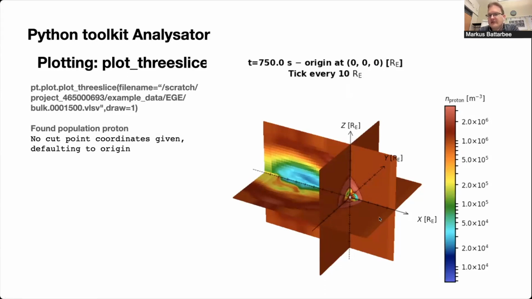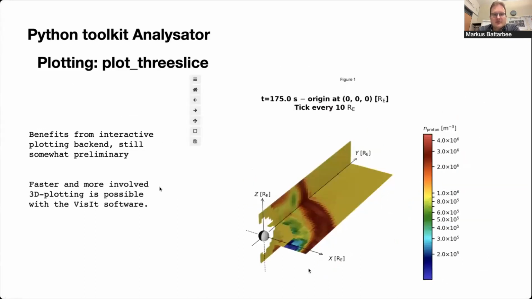Keywords that can be given include leaving out some of these plot planes, defining the rotation, all the regular stuff about which variables, what color maps, how to adjust the color map axis. All of those are available here as well, or at least most of them. So this is now a demo of the interactive backend from a different computer.